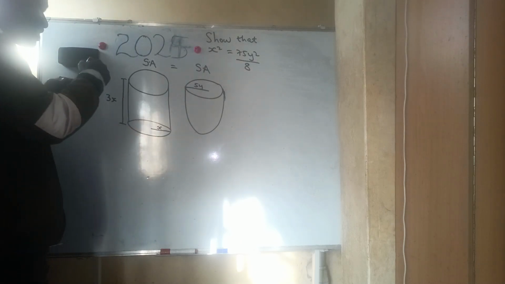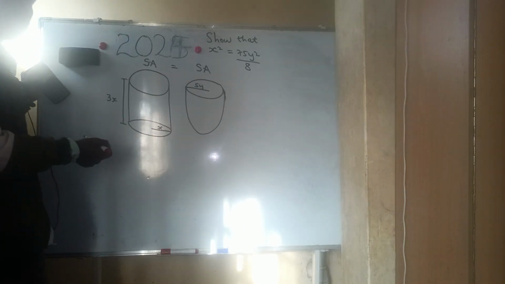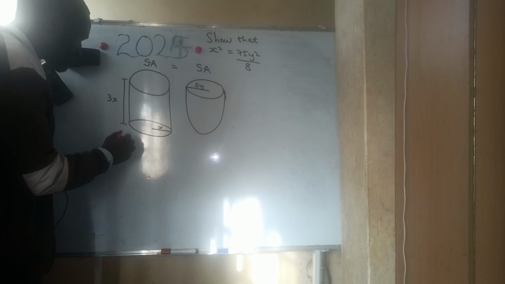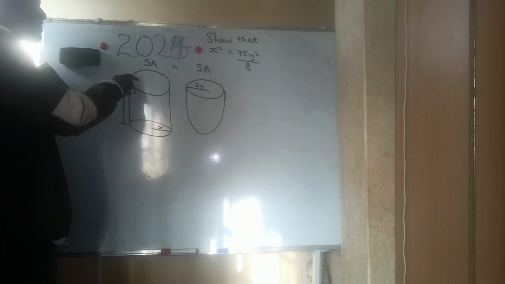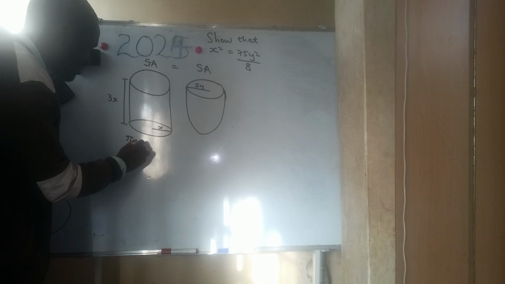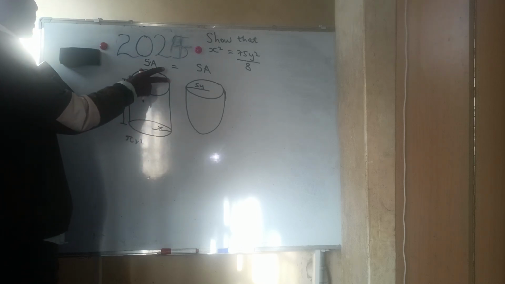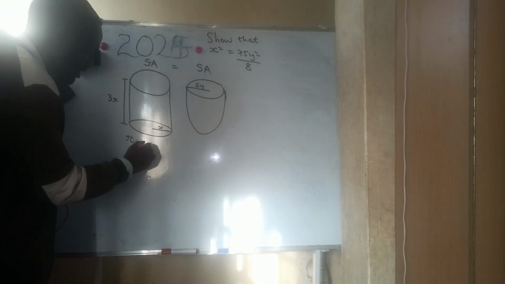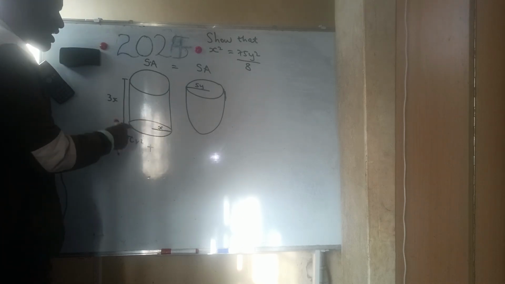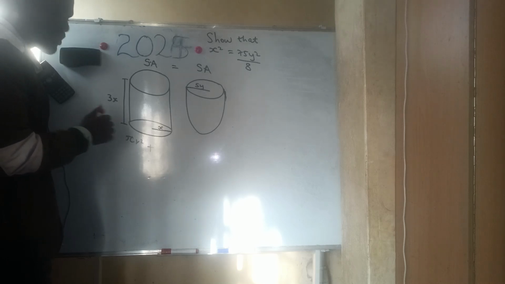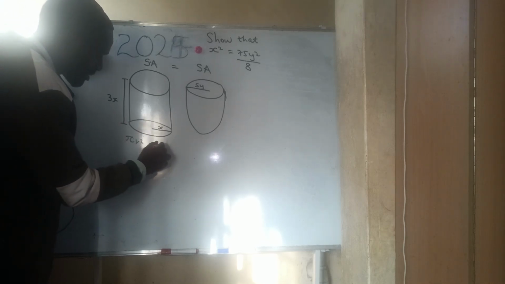Let's first write down the formula for calculating the total surface area of this cylinder. I'll first say pi r squared, the area of the top part, which is circular in shape. The area of a circle is obtained by saying pi r squared, plus the area of the bottom part of that cylinder, which is also circular, pi r squared.